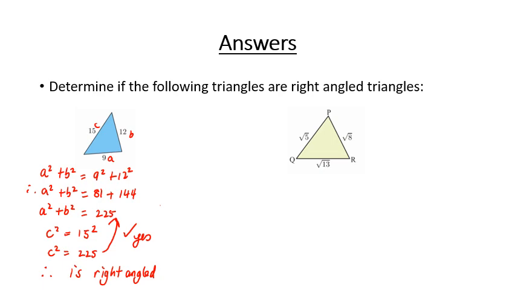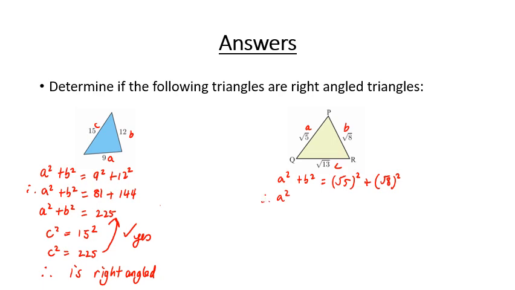Now the next one, let's check here. We've got the square root of 13, so that's going to be my C. Doesn't matter about A and B. Let's work out what A squared plus B squared is first. A squared is the square root of 5 all squared plus the square root of 8 all squared.